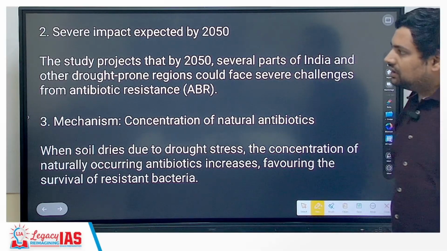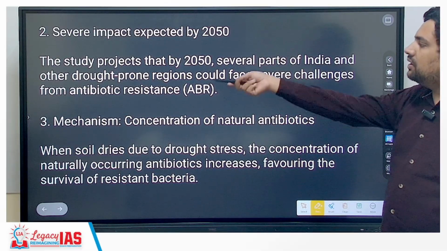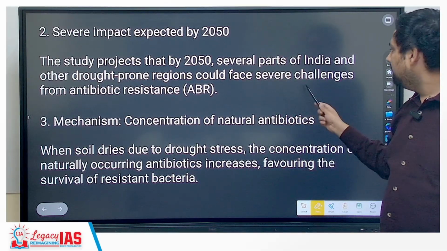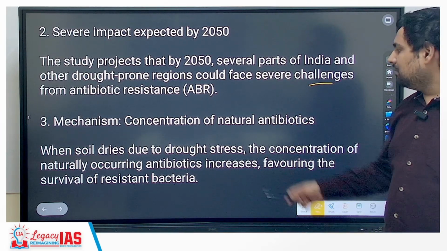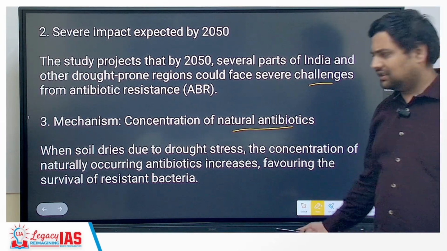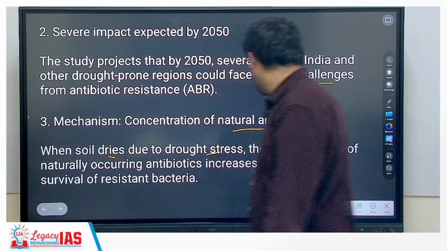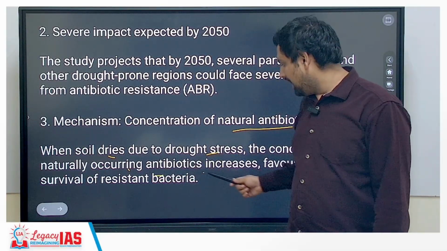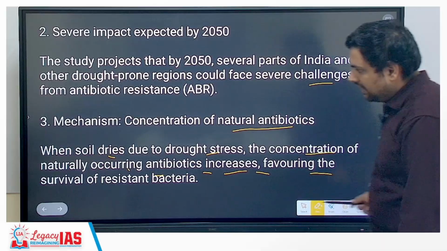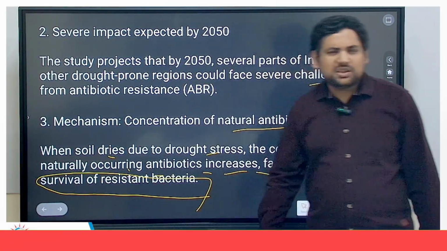Now the study projects that by 2050 several parts of India and other drought prone regions could face severe challenges related to antibiotic resistance mechanism, concentration of natural antibiotics. See this, when soil dries due to drought stress, the concentration of naturally occurring antibiotics increases, favoring the survival of resistant bacteria. This only we have understood.